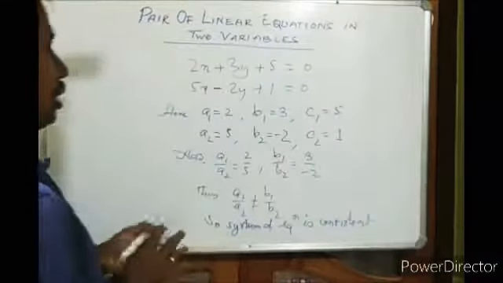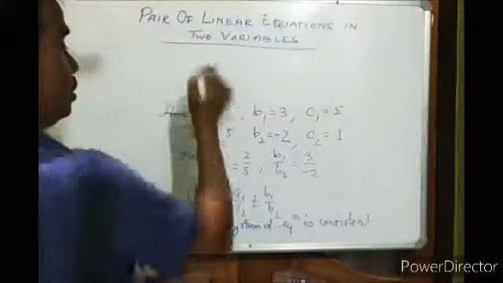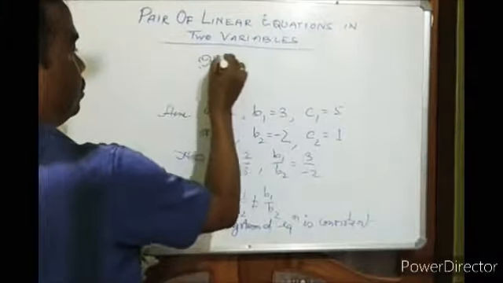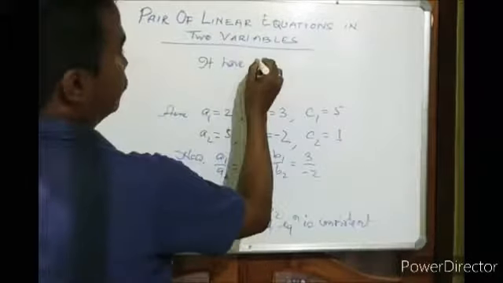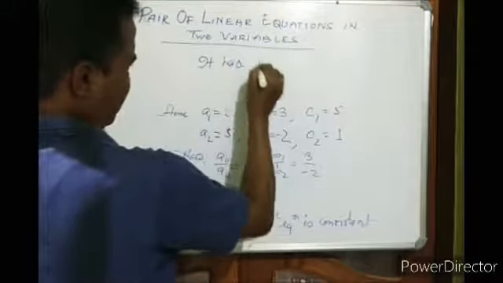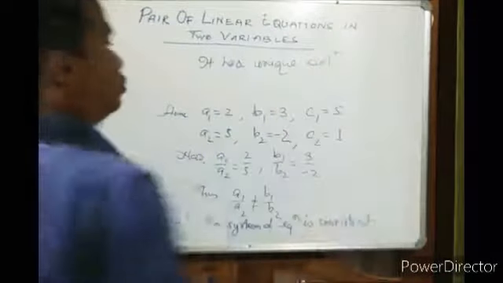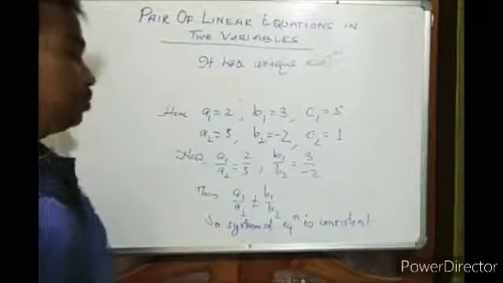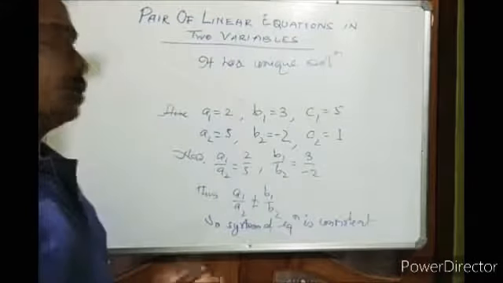The system of equations has a unique solution. So it is consistent and has a unique solution, since A1 by A2 is not equal to B1 by B2 in this case.